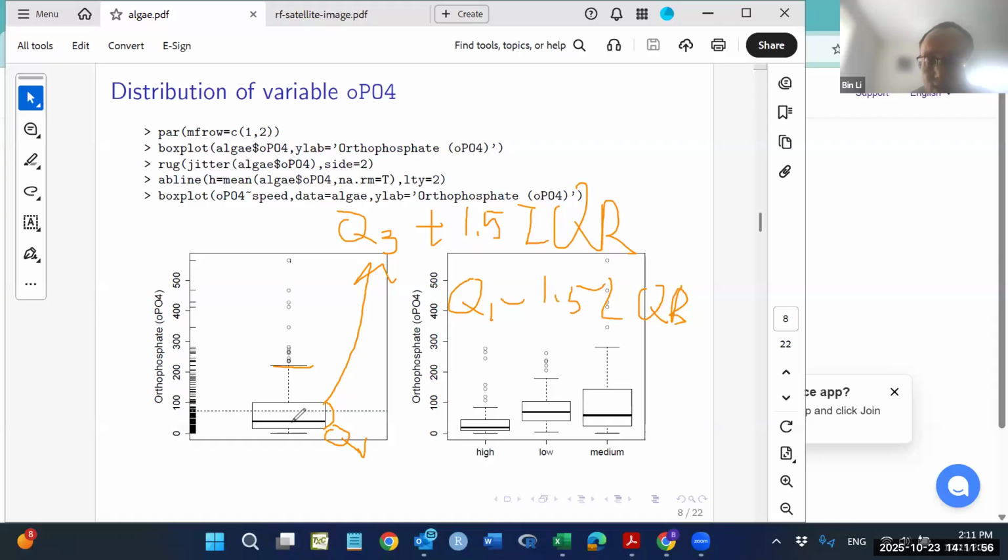Let's say this is Q1. If we go 1.5 times the interquartile range below it, let's say it's here, and we have some readings below that, that's the threshold. But obviously on the left side, it's bounded by zero, so it cannot go below zero.